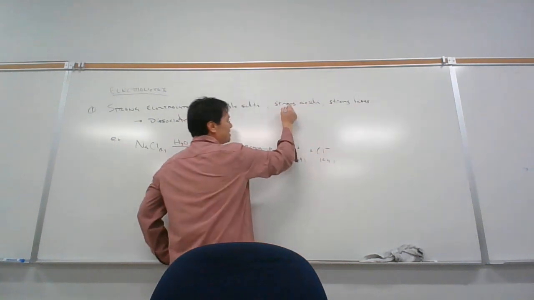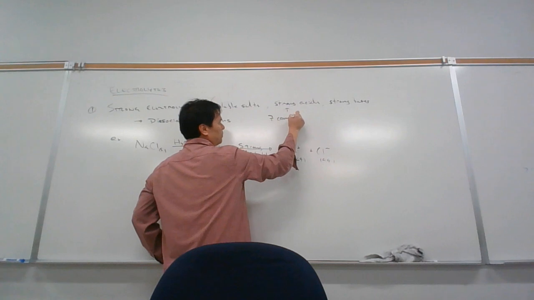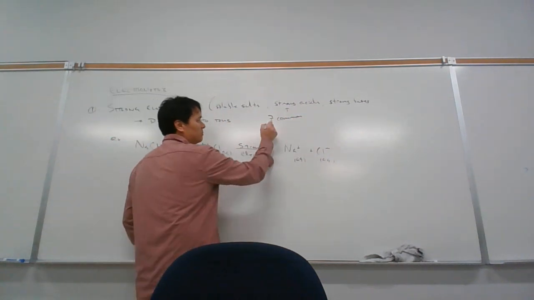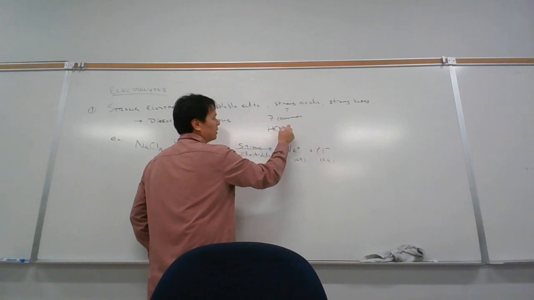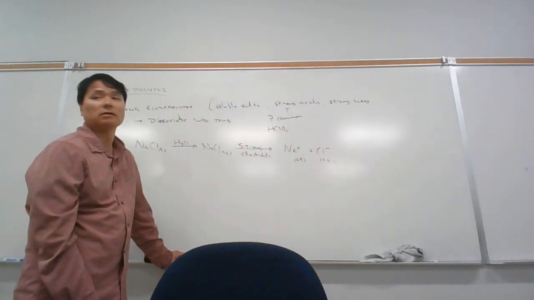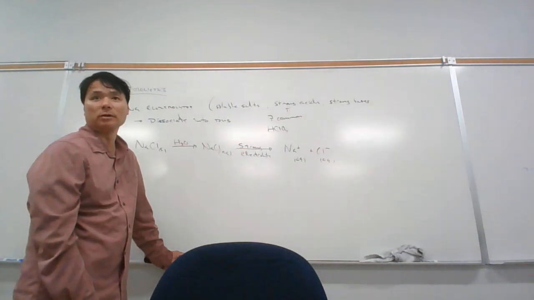The strong acids, there are 7 common strong acids that we should try to memorize. The 7 common strong acids begin with HClO4. HClO4 is called perchloric acid.